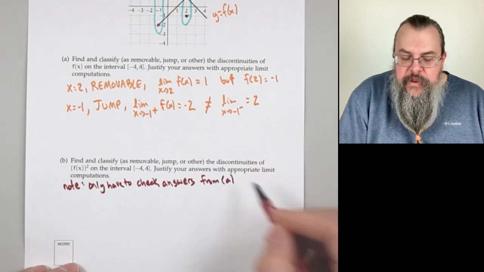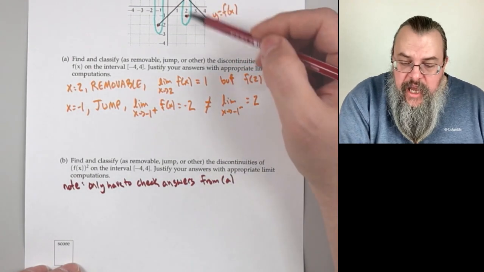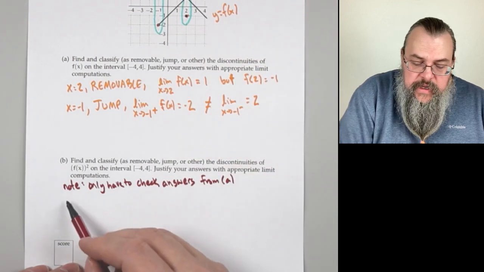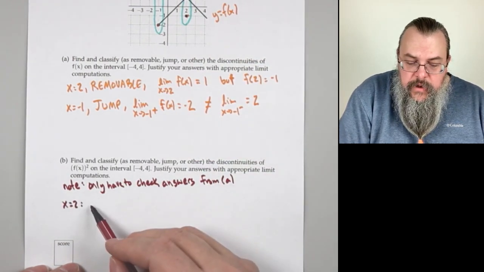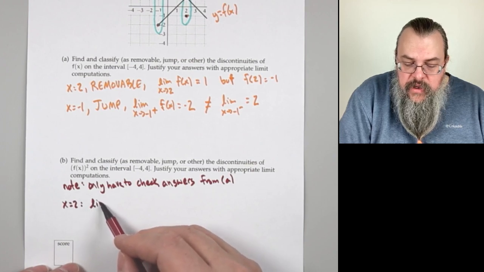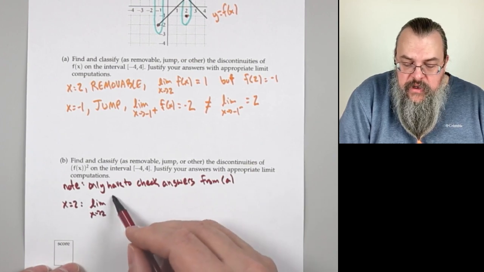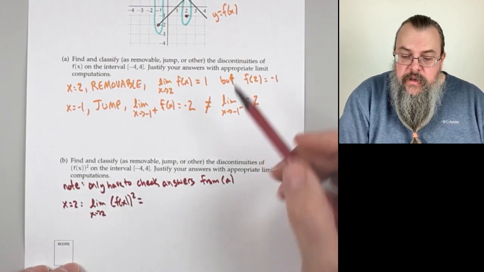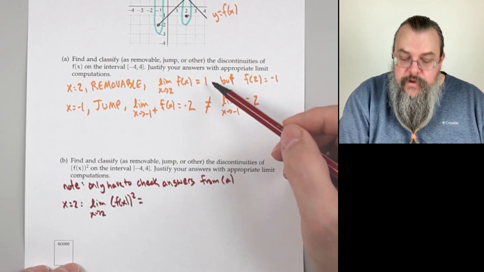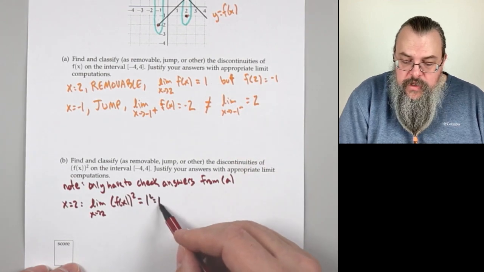So where are the candidates? There's a candidate at 2. At x equals 2, we'll do a quick check. We'll take the limit as x goes to 2 of f of x squared, and we get 1 squared, which is 1.